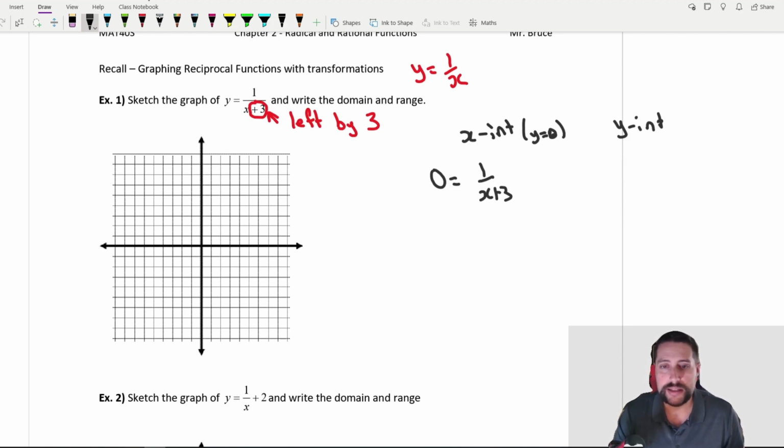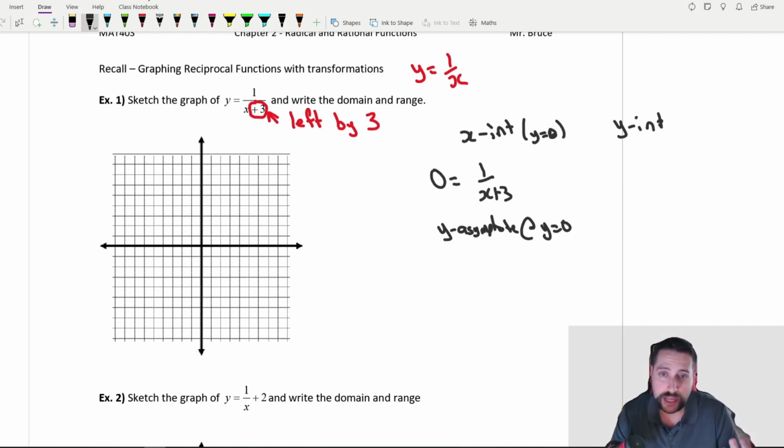So there is no x-intercept, and we are still going to have an asymptote at y equals 0. In this case, this is undefined.